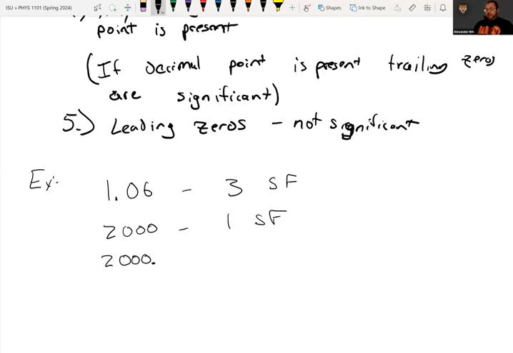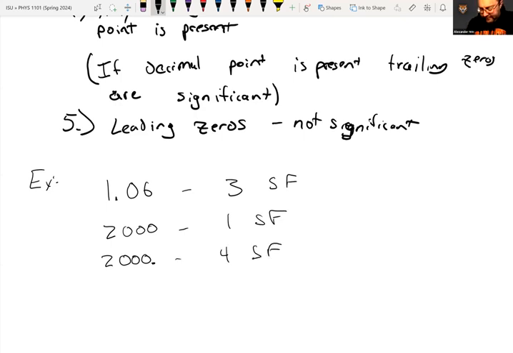But if you have the decimal point, it's saying we know this thing is exactly 2,000 all the way to the ones place. So basically, this is between 1,999.5 and 2,000.5. Okay. So this one actually has four significant figures.